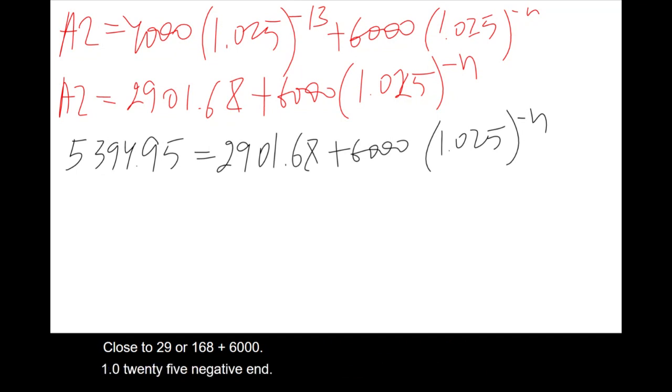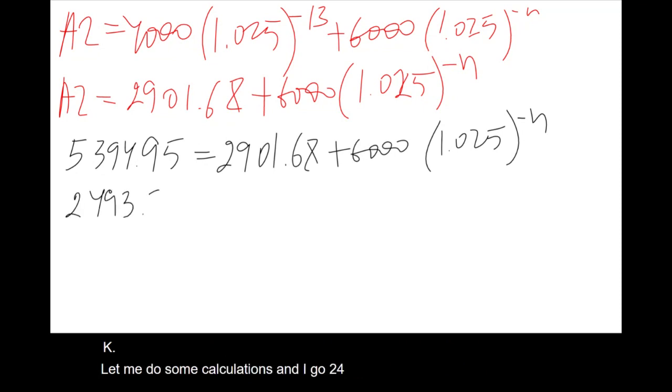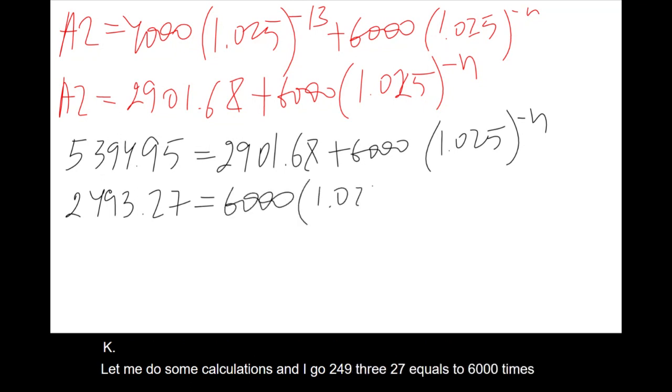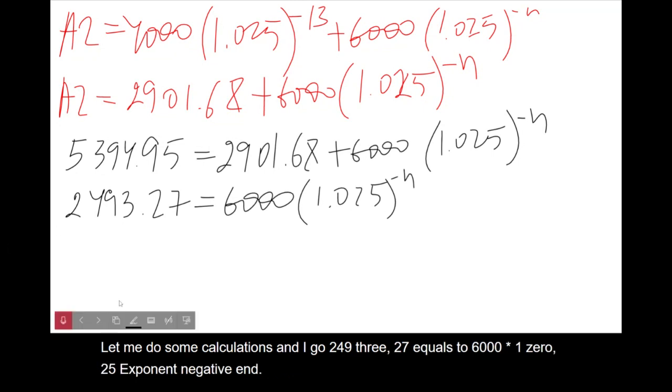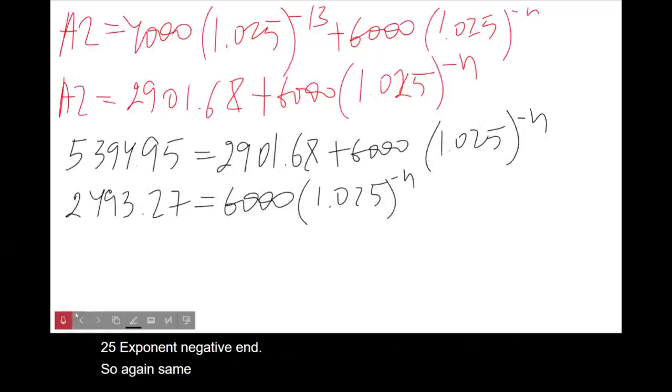Okay, let me do some calculations, and I get 2493.27 equals 6,000 times 1.025 exponent negative n. So again, same technique. That is a present value.